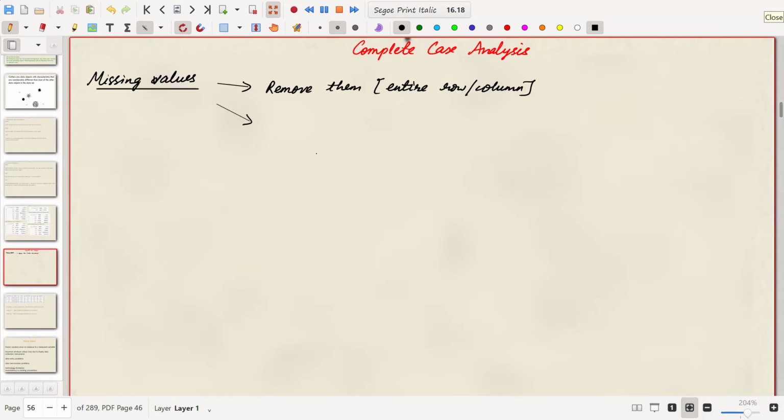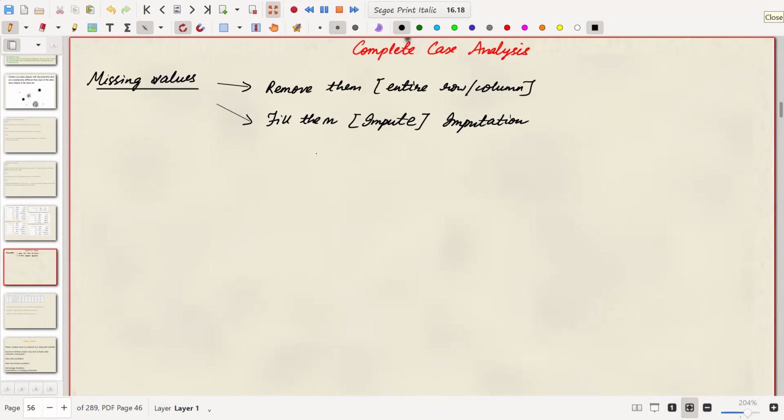Or what you can do next is fill the missing values. Another, more scientific way to name it is to impute, or imputation. So you impute the missing values. This is known as data imputation. If you have to fill the missing values, the term is imputation.